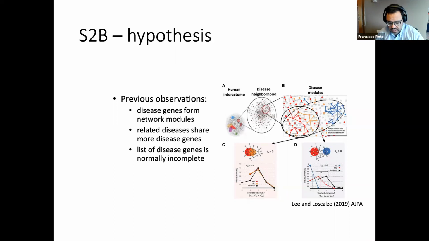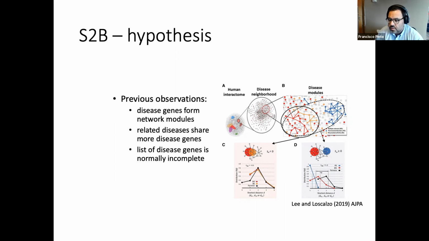So we try to use that knowledge that diseases tend to form disease modules in networks, and that related diseases share more disease-associated genes. As we know that both networks and the lists of disease-associated genes are incomplete, it would be useful to get new candidate genes to be associated with diseases.